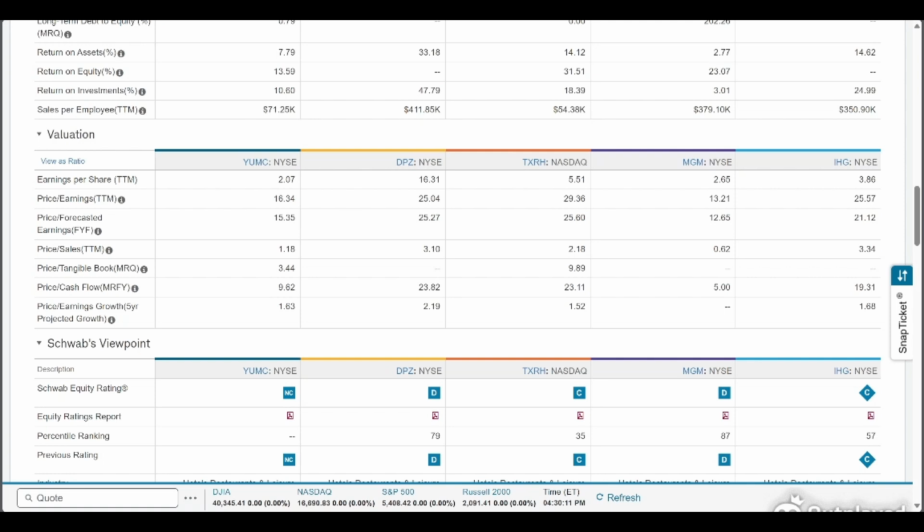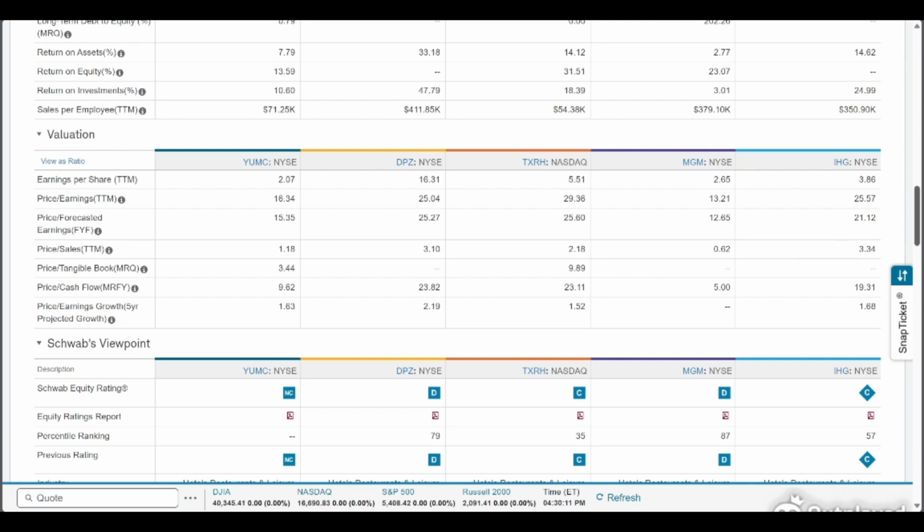If we remember, price to cash flow is stock price divided by cash flow per share. With a 9.62 P to CF, this means that investors are paying $9.62 for every $1 of cash flow the company generates.